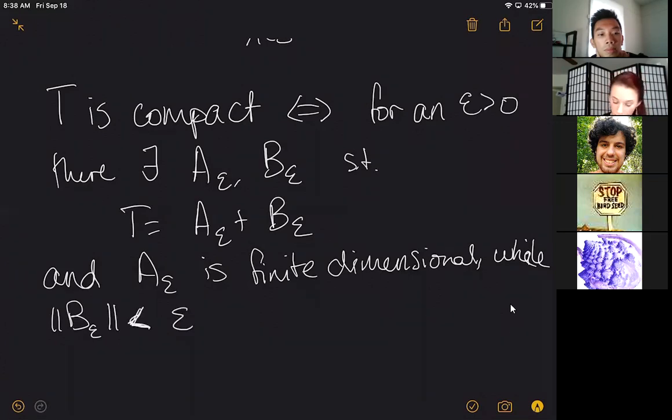So here, what we're saying is that your operator is compact if and only if you can write it as a finite dimensional piece and then a piece with negligible norm, a very small piece. All right.